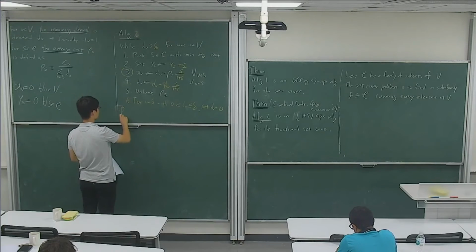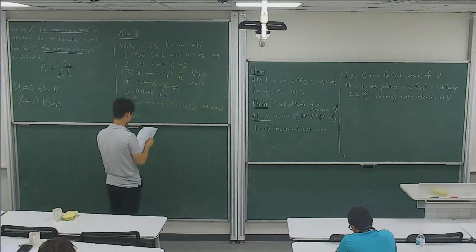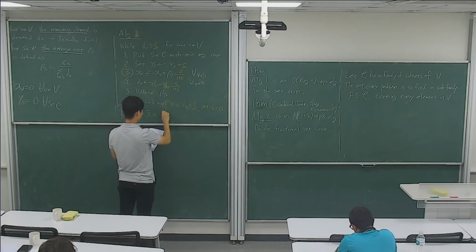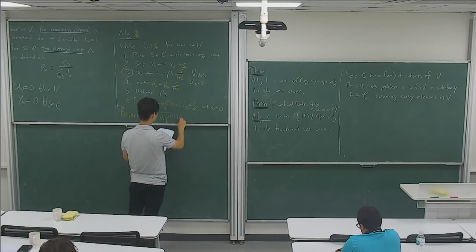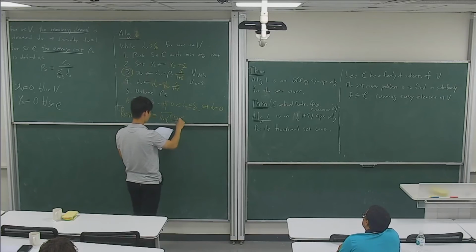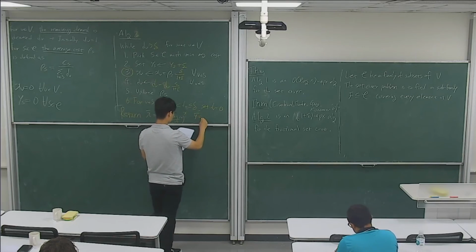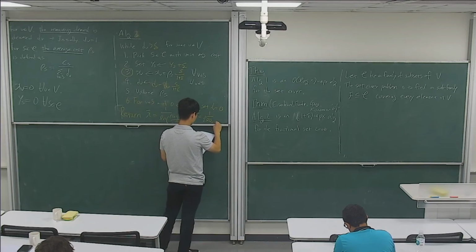And you return x bar to be 1 over log of (1 plus epsilon) n divided by delta, times x, and y bar to be 1 over epsilon log of (1 plus epsilon) 1 over delta, times y.